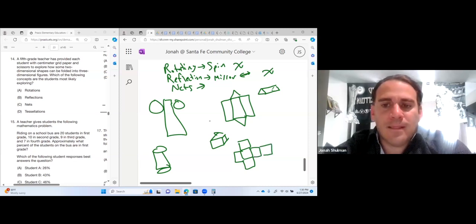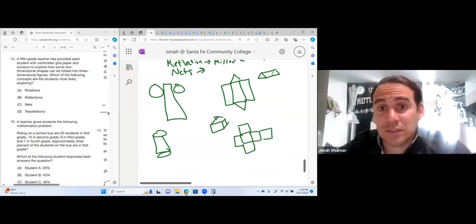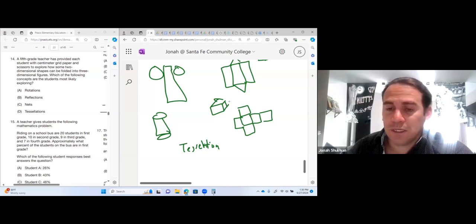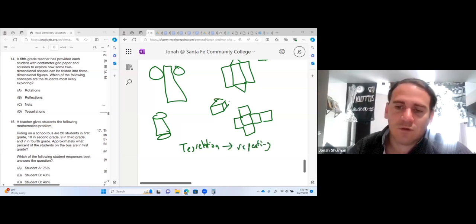Ta-da! All right, so that's the nets. And the last one's a tessellation. Tessellation is basically a repeating pattern like your bathroom tiles that cover a whole space. This is why vocabulary is so important.